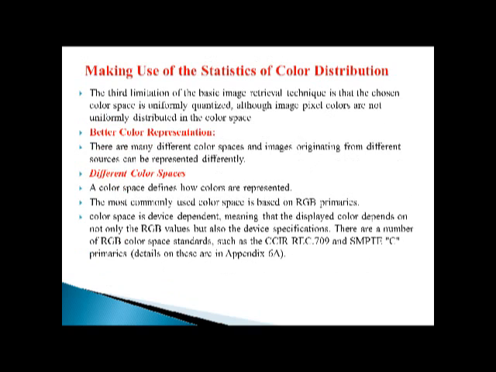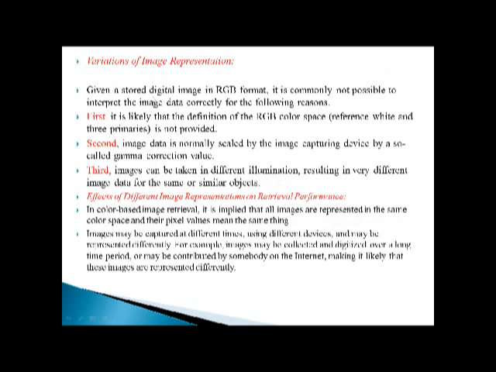How can we make use of the color distributions? Better color distribution can have different color spaces. In case of variations, there are different reasons for variations in image representations. First, the definition of the RGB color space should be there.